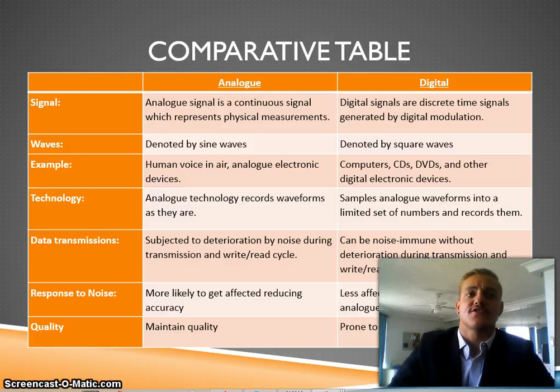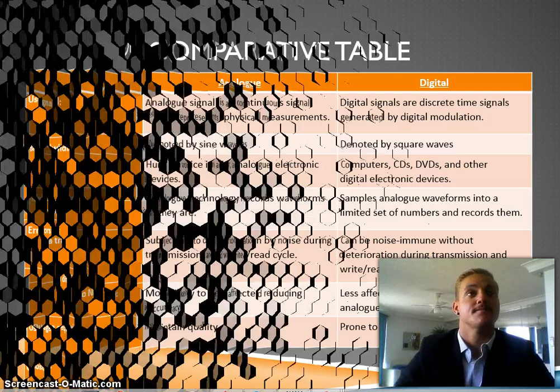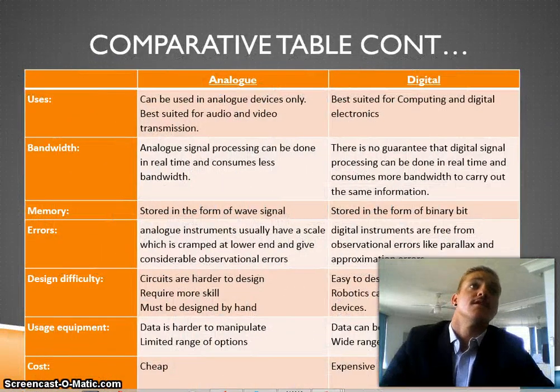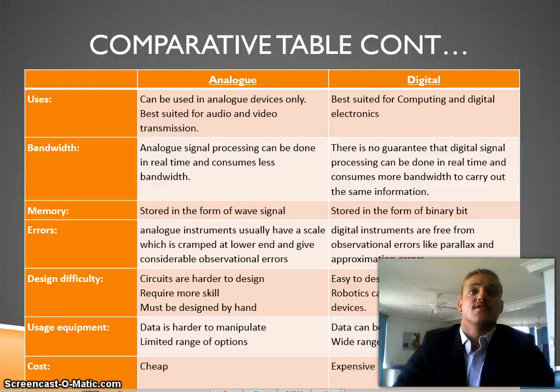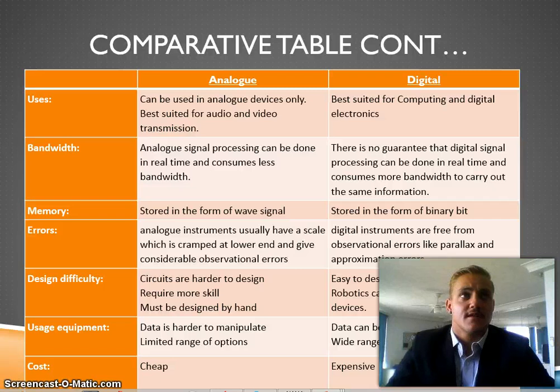Quality. Digital devices translate and reassemble data, and because of this, they are more prone to loss of quality. Computer advancement has enabled the use of error detection and error correction techniques to remove disturbances artificially from the digital signal and improve quality. Uses. Analog is best suited to audio and video transmissions, whereas digital is best suited to computers.